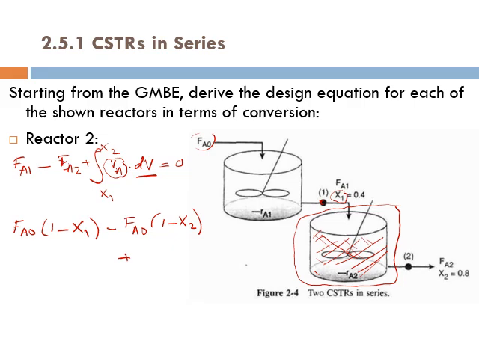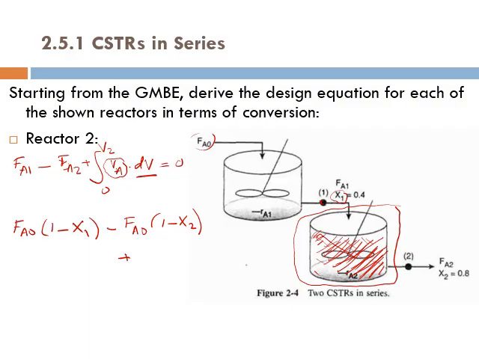And I'm sorry, I think I made a mistake here. This is not from x1 to x2. This is the generation inside reactor 2, so that's from 0 to V2. Okay, that's on the complete reactor 2.